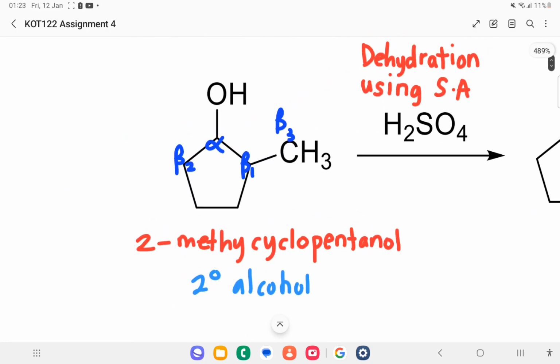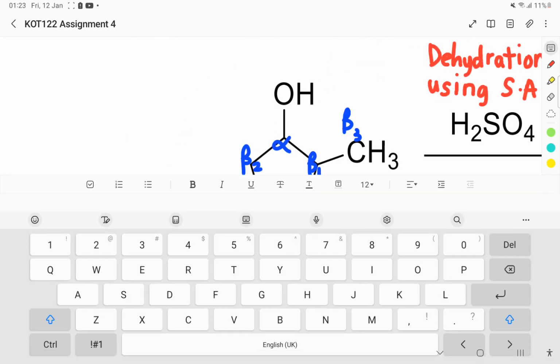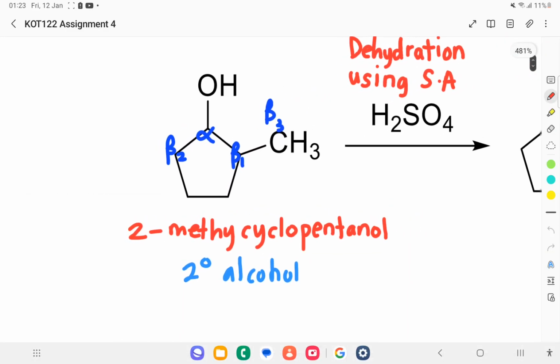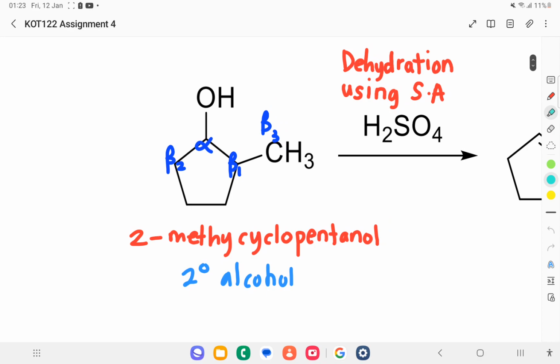So given here a compound which is a secondary alcohol. The name of this compound is methyl, 2-methyl. So this is the substituent, and then the parent chain is cyclopentanol, because there are 5 carbons, 1, 2, 3, 4, 5, so it will become pentanol due to the OH hydroxy group.